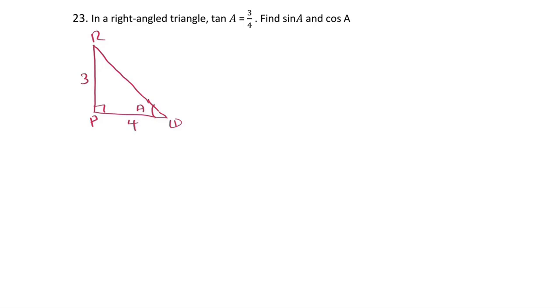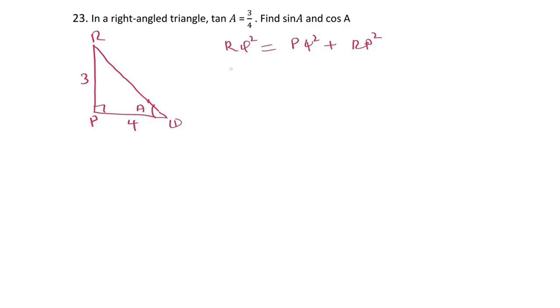Next, let us find the line RQ using Pythagoras theorem. The theorem will be RQ squared equals PQ squared plus RP squared. Next, let us substitute the values given.